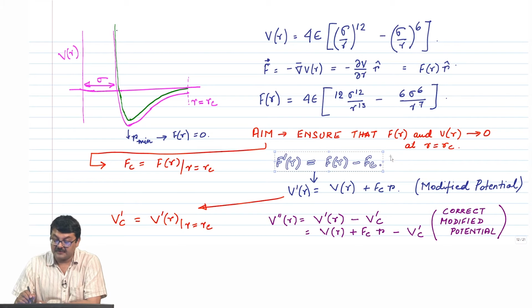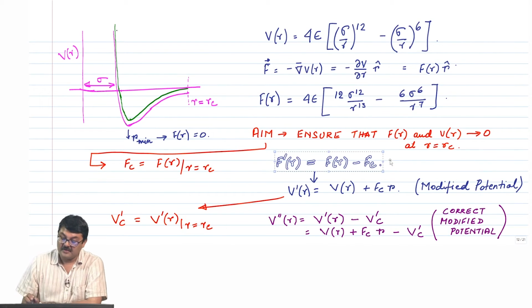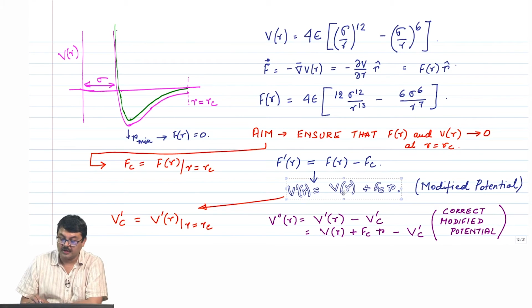But if you have this f dash r to be the operating expression for force, the slightly modified expression for the force, what you have landed up with is that you have practically also modified the expression for the potential. The potential is no longer V of r.